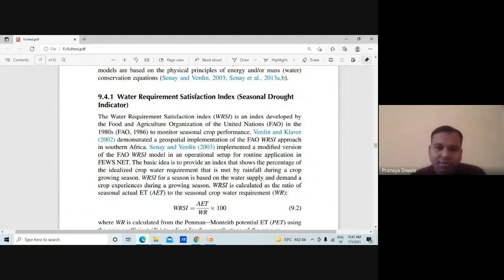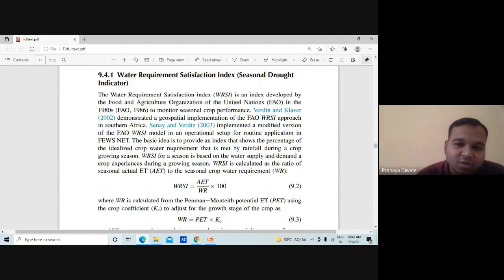The water requirement satisfaction index is an index developed by the Food and Agriculture Organization of the United Nations in the 1980s to monitor seasonal crop performance.